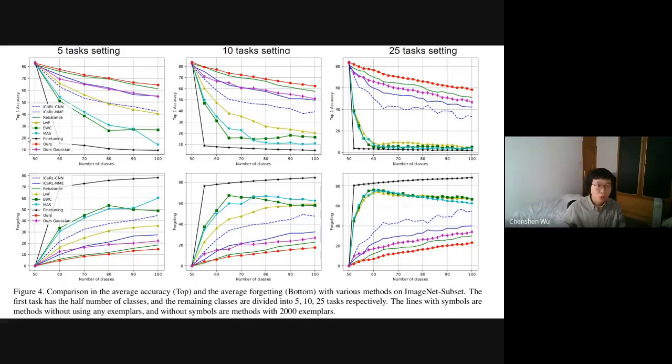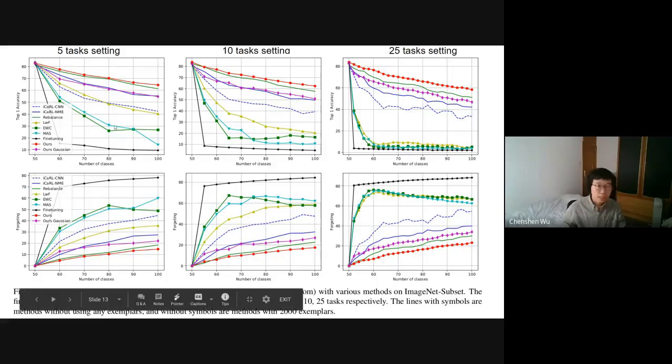And in this figure, all the curves with markers mean they don't use exemplars, like Learning without Forgetting, EWC, and our method. And the methods without markers need exemplars to make it work, like iCaRL and rebalancing, which is Learning a Unified Classifier via Rebalancing.